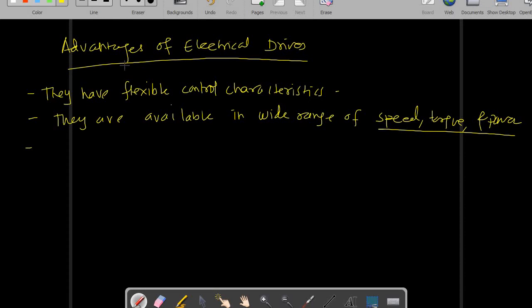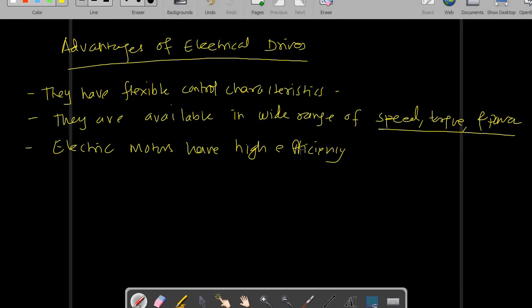Third advantage is that electric motors have high efficiency. Now why is there high efficiency?